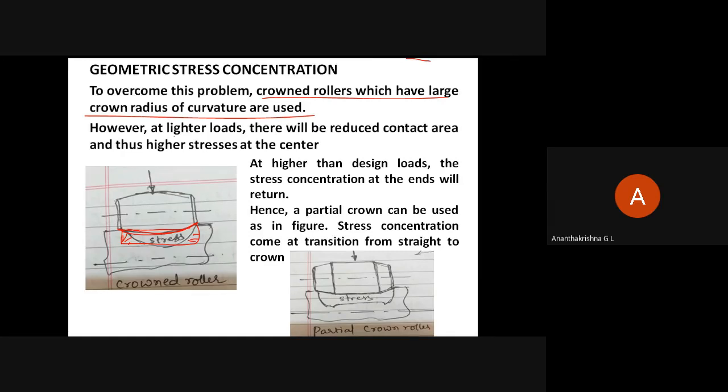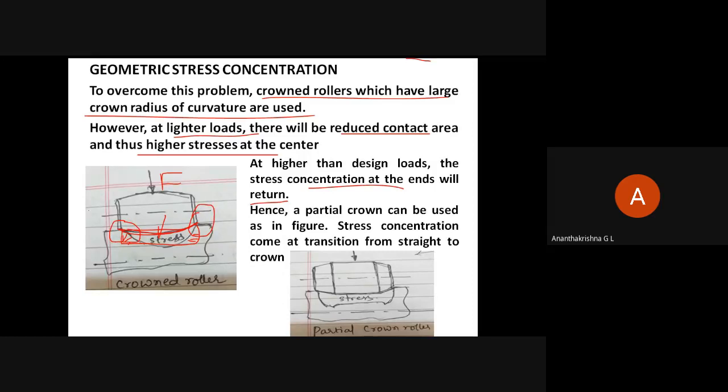However, at later loads there will be reduced contact area and thus higher stresses at the center because of reduced contact. At higher than the design load, the stress concentration at the ends will return. That is, at the ends the stress concentration will return as the load is more and more.